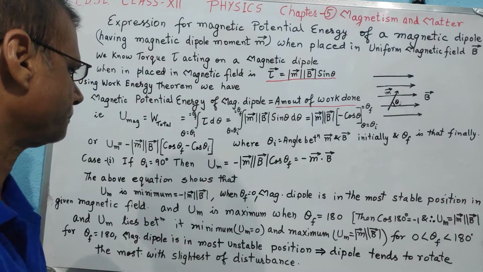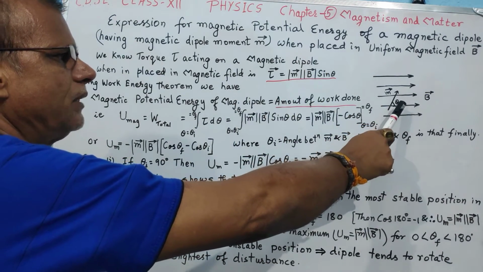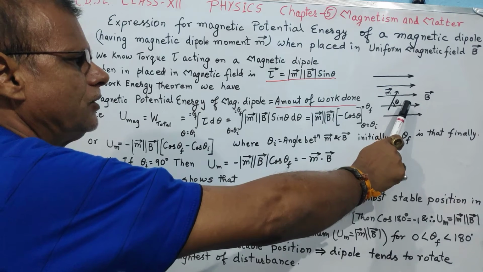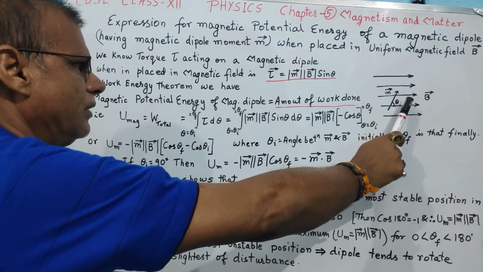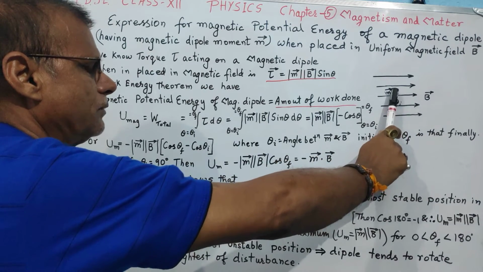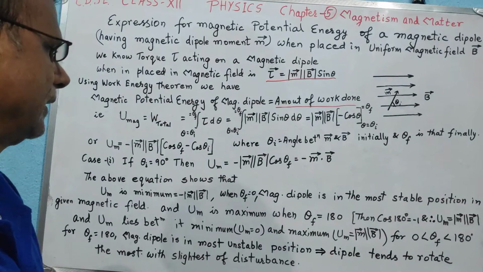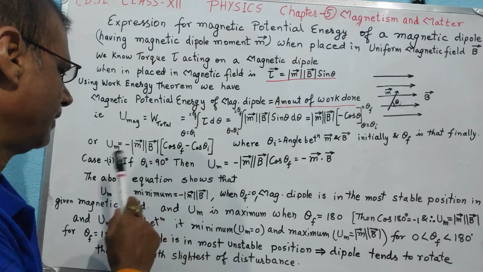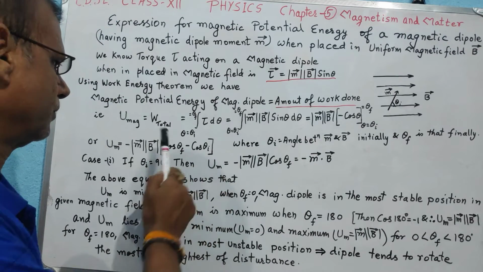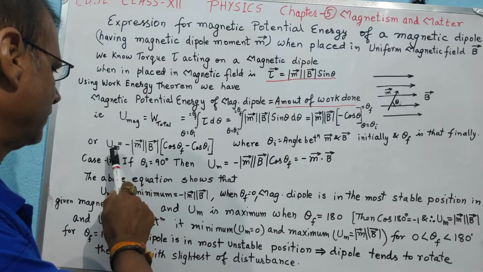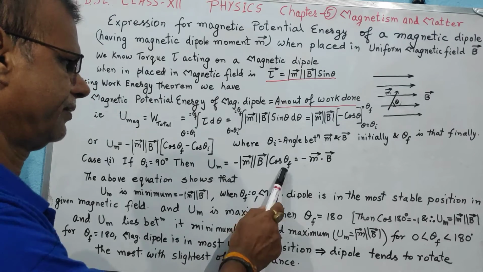It means that initially the magnetic dipole moment was making 90 degrees with the magnetic field. In that case cos 90 is 0, so this term becomes 0, and we are left with U m is equal to minus mB cos theta F.